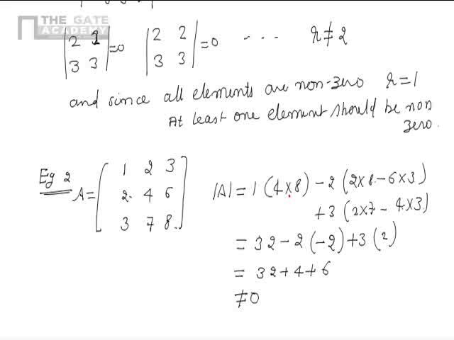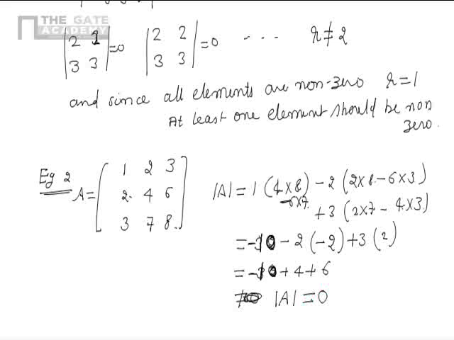In this case, 4 into 8 minus 6 into 7, so it will be 32 minus 42, so it will be minus 10 here. So this minus 10 and plus 10 will become 0. So the determinant of A will be equal to 0.